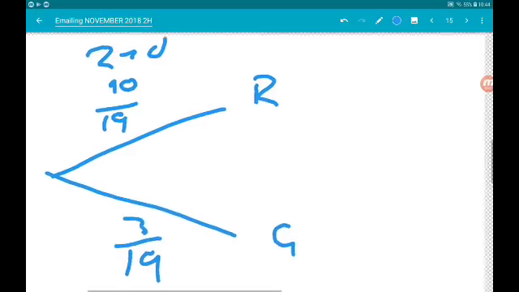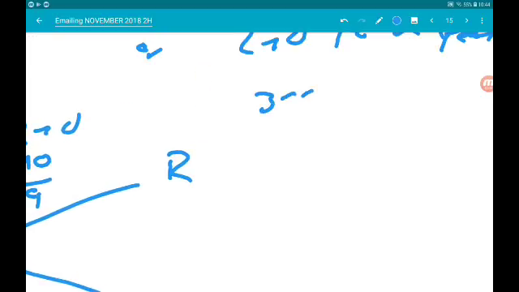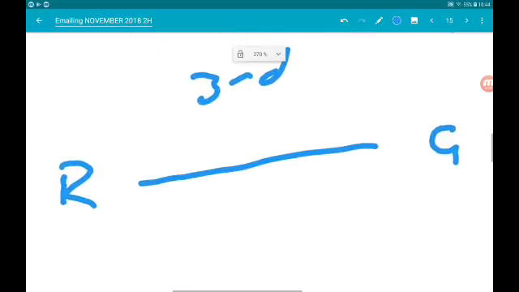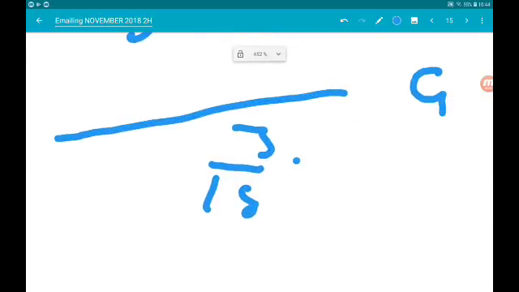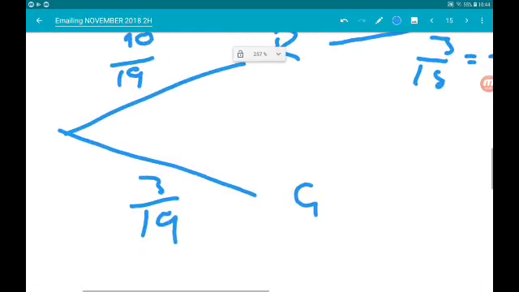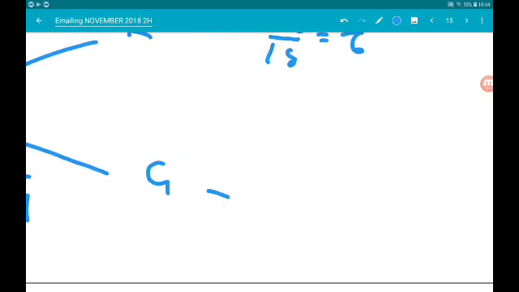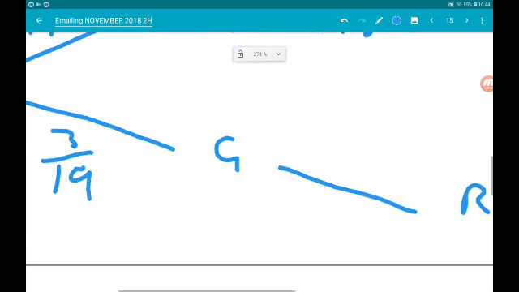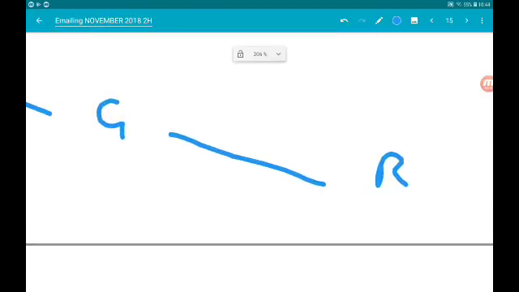Now on his third selection, if he got a red on his second, we only now care about him getting a green. So remember, there's now one less disc, so it's now out of 18, and there are 3 green. Now that is 1/6. Or if he picks green on his second, we then only care about him picking a red. So that probability is now 10 out of 18.